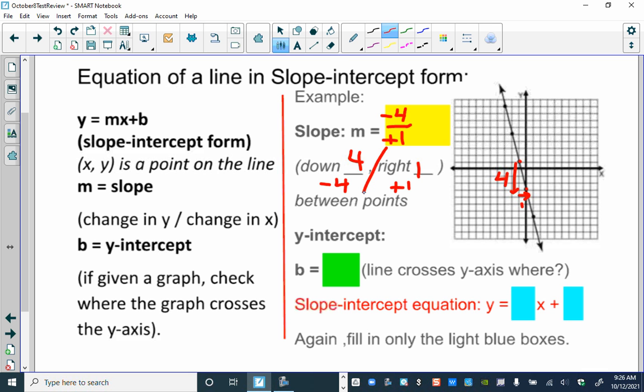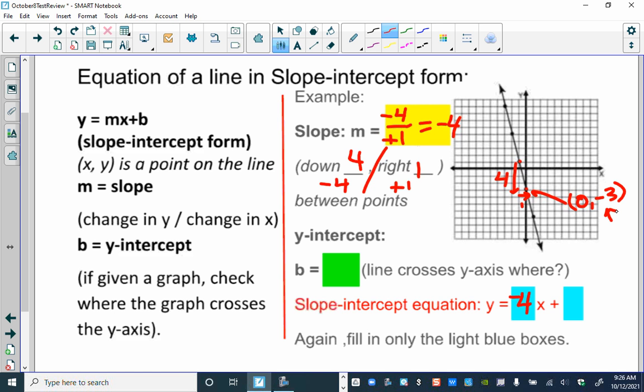Now, -4/1. What does -4/1 become? How do we simplify that fraction? What's anything divided by 1? Itself. So there's your slope. And then this y-intercept, you just look where it crosses the y-axis. So this is your point, 0, -3, because we went down 1, 2, 3.